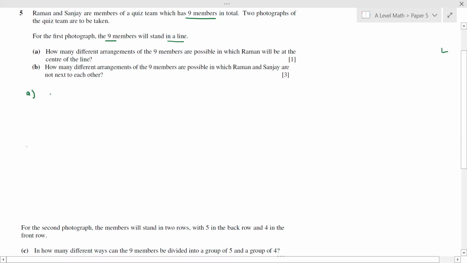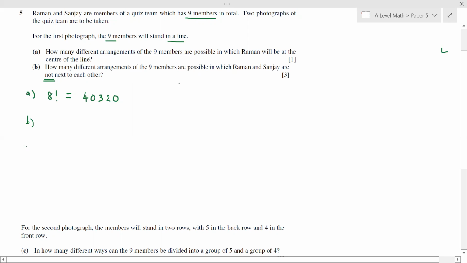So this will give us 8 factorial, because there's only one way for Raman to be at the center. For part A, we have 8 factorial, which is 40,320.